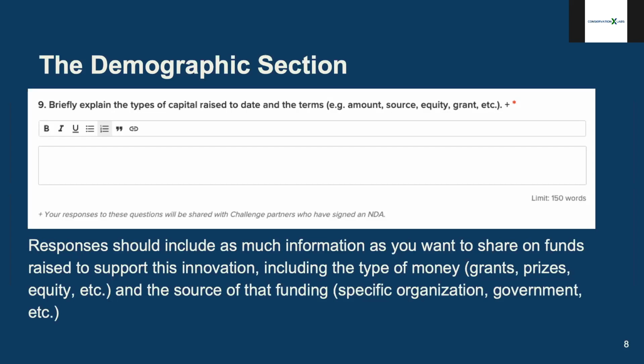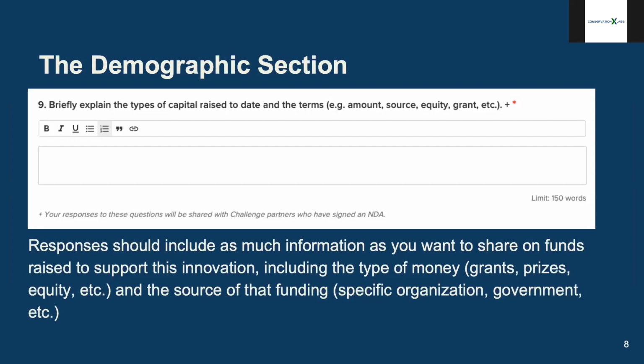This is really to help us understand the stage of development, the funding that has already been provided to support your innovation, understanding if this is funding provided through grants, other prizes, equity, or sales, just to give us a sense of where you're at in the competition.